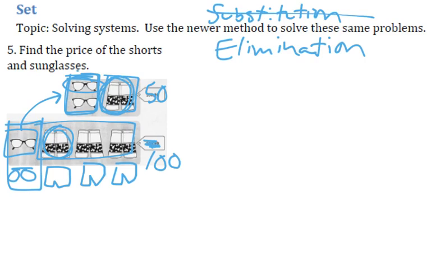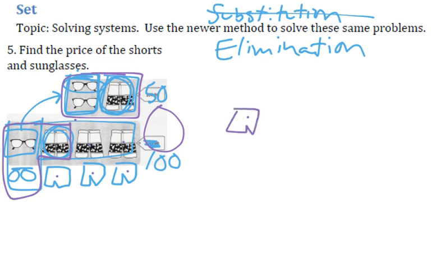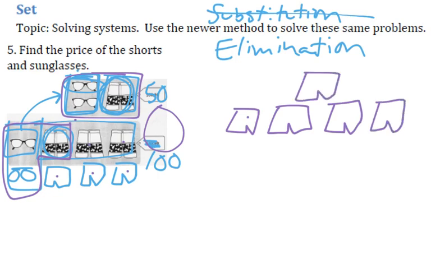So if I take all of this and take out the same amount here, I know that what's left over is going to make up the difference here. Difference being $50, right? So I know that I've got 5 pair of shorts left over. And that is equal to $50.